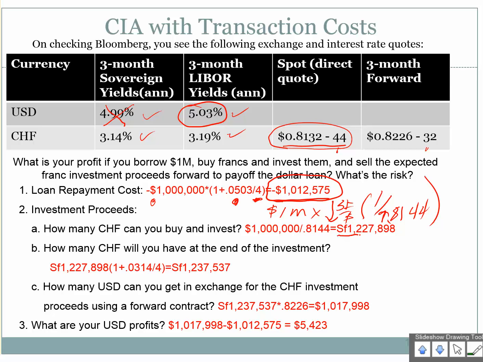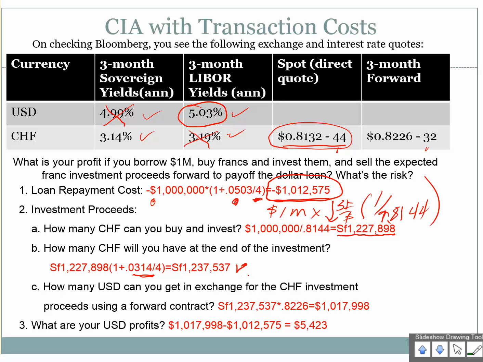So my proceeds, I'm going to get 1.2 million francs now. I'm then going to invest them at 3.14. That's the sovereign rate. I'm not going to be able to invest at borrowing rates. I will get 1.2 million Swissy.